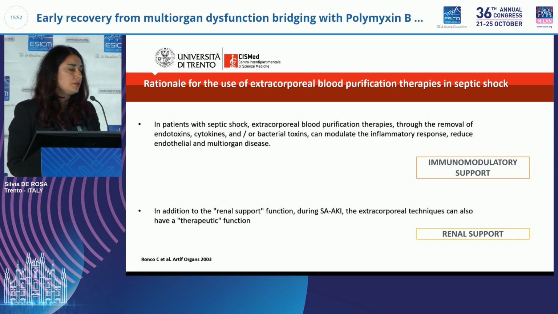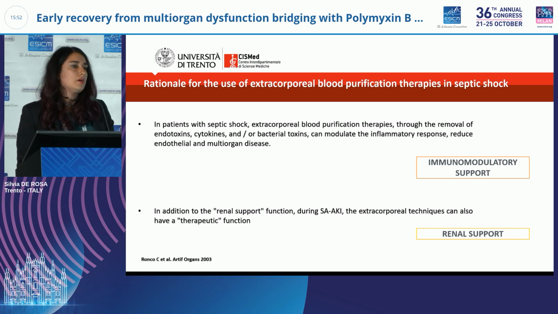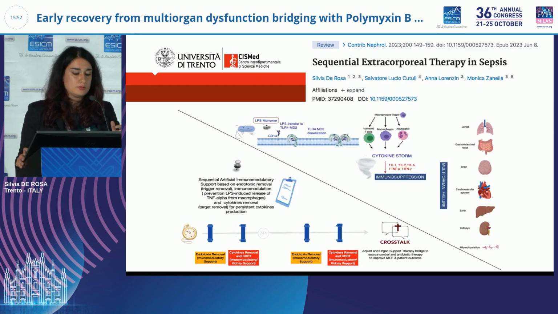If our patient has renal failure, we also have to support renal function, but we are also applying multi-organ support, and in this case, we can perform renal support that, with some filters, could also be immunomodulatory support. So we are talking about hybrid support. This is the rationale of sequential extracorporeal therapy.